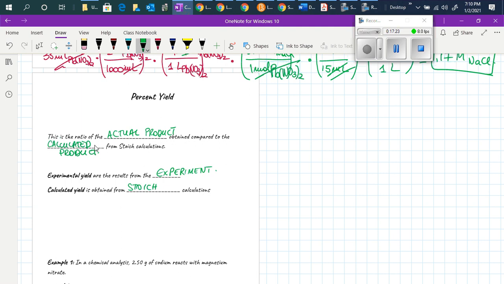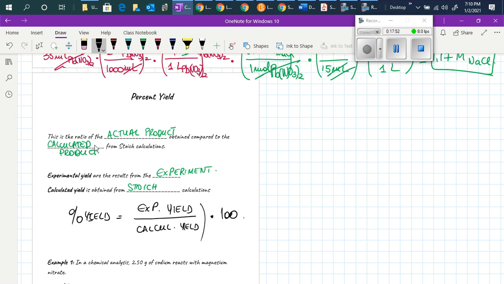So percent yield is the experimental value, or experimental yield, over the calculated one, times 100 converted into percentage.